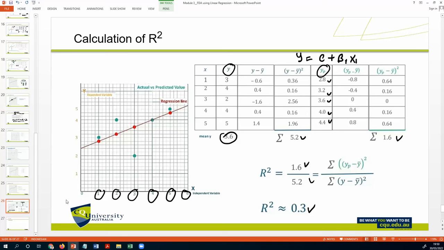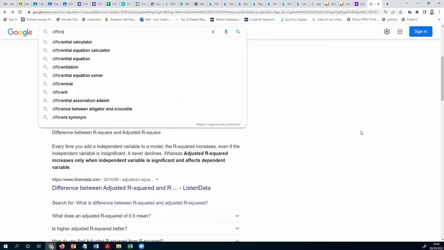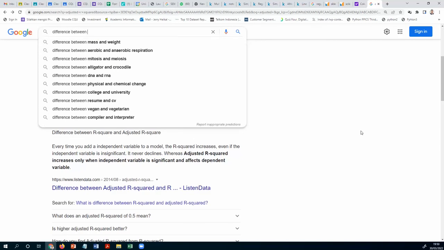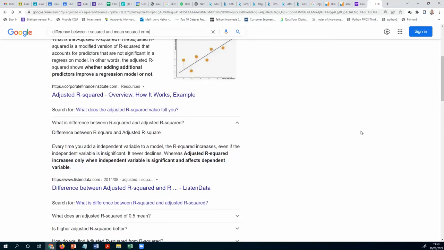So what is the difference between R square and mean square error? This is a new question, okay.